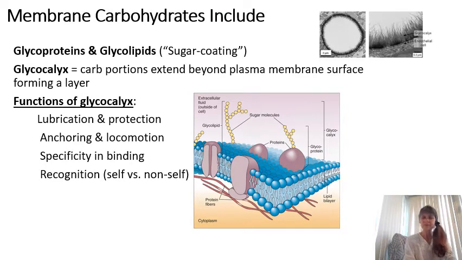We mentioned previously that on the surface of the cell externally, there are glycoproteins and glycolipids. These carbohydrate molecules help to form a glycocalyx, which literally means a sugar coating, where the carbohydrate portions extend beyond the surface of the plasma membrane, forming a sugar-coated layer, which you can see on the upper right-hand side.